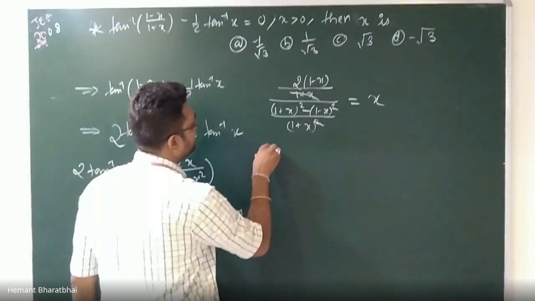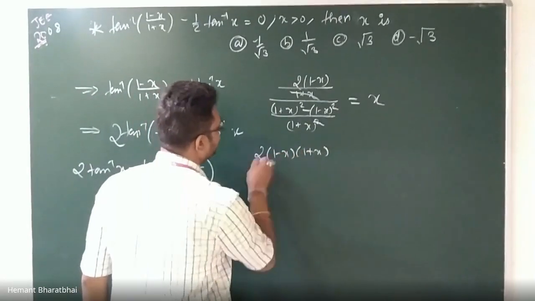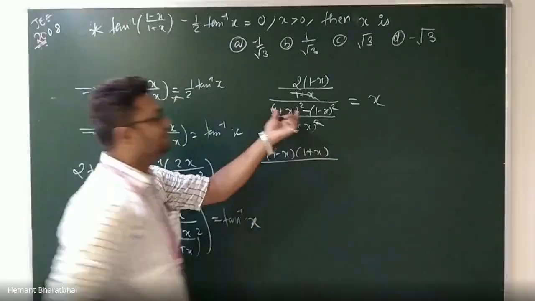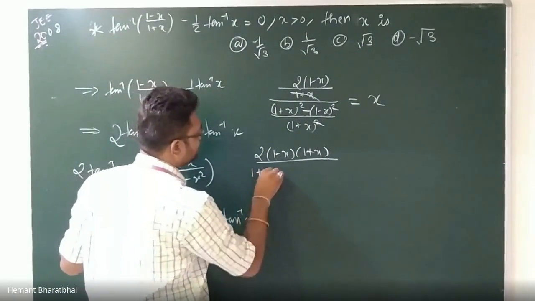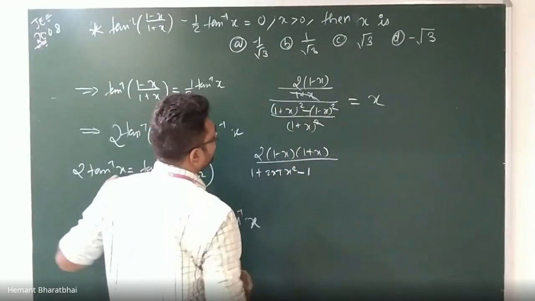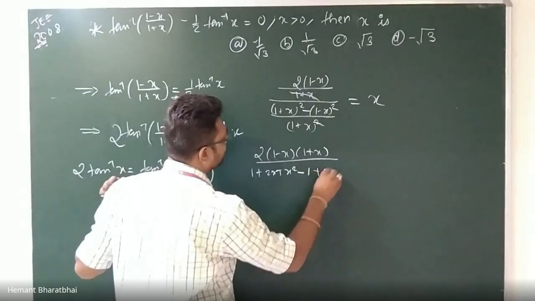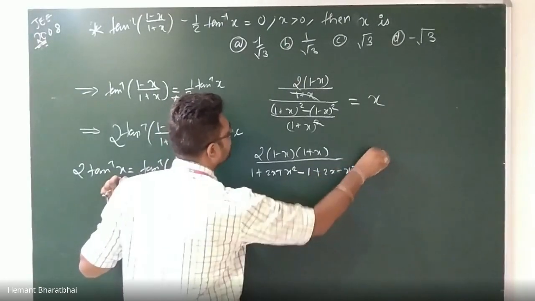So I'll get 2 into 1 minus x into 1 plus x upon, I'll expand this, 1 plus 2x plus x square, here 1 minus minus will become 2x minus x square, is equal to x.